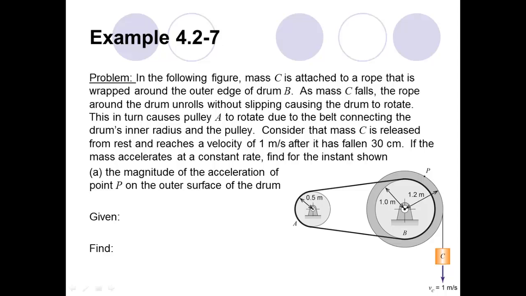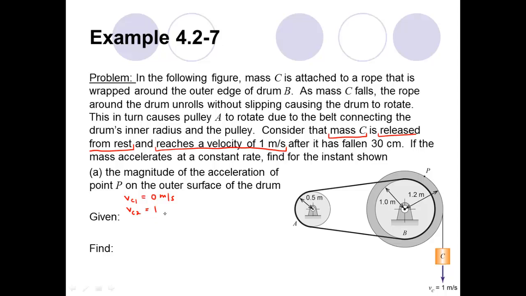Once we understand what's happening, we then try to identify what's given and what's unknown in the problem. So we see that mass C is released from rest, so its initial velocity is 0 meters per second, and it reaches a velocity of 1 meter per second.